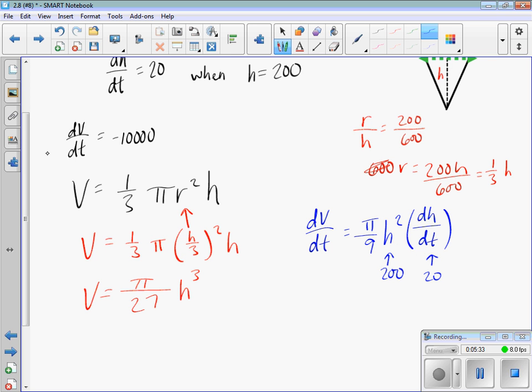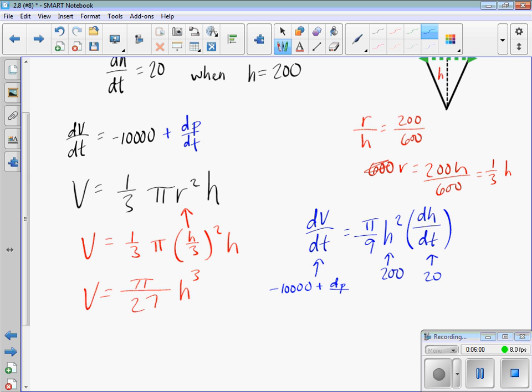Now my volume is actually changing at a rate of this negative 10,000 plus whatever the rate of the water being pumped into the tank. So let's just call that dP/dt. Does that make sense? Okay, so I'm going to put that in for dV/dt here, and we'll see if that gets us the right answer. If not, we'll have to think a little bit harder on it.